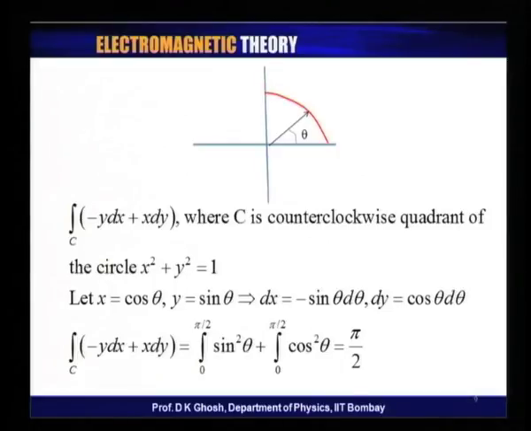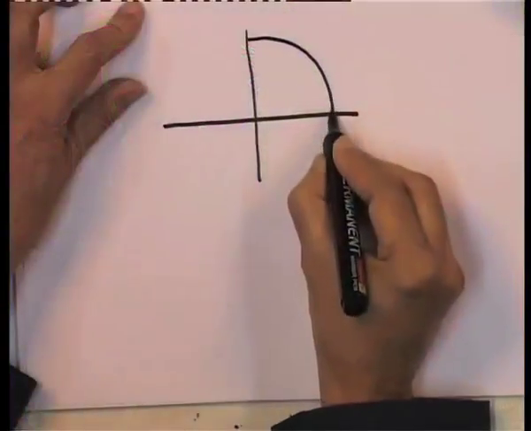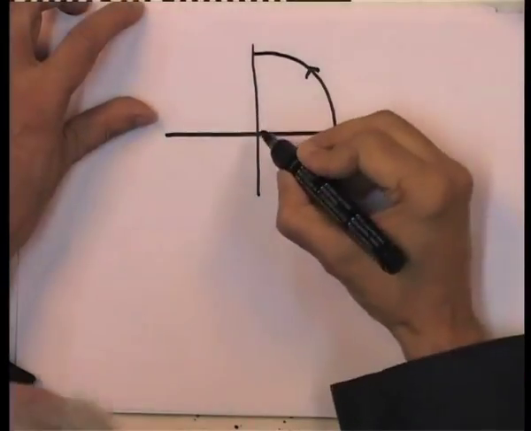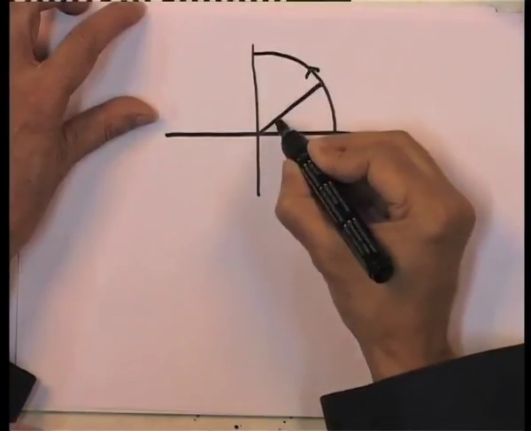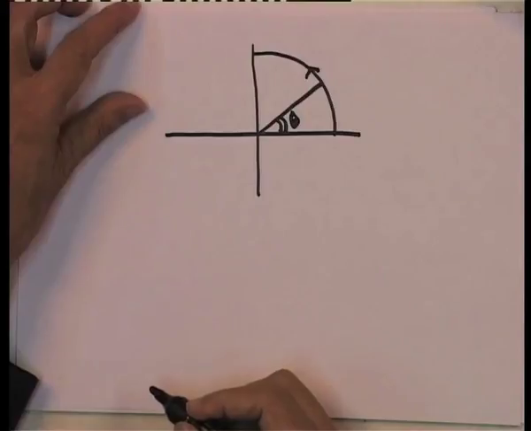The technique is that along the curve, I need to have a parameter. I have already said that along a curve I have a single parameter. Now, notice that if I have this curve, which is a quadrant of a circle, I can use this angle theta as a parameter.